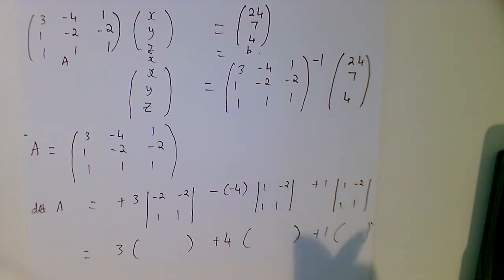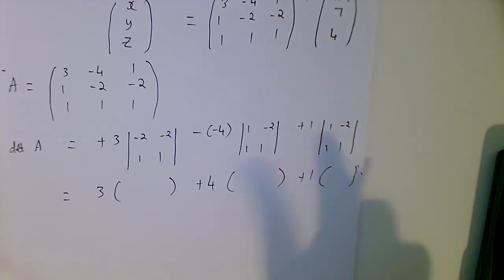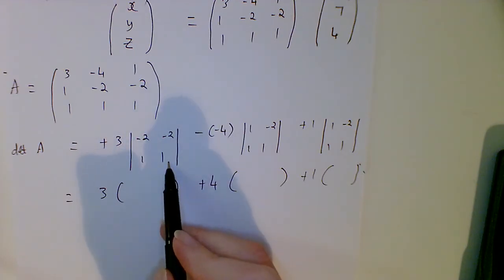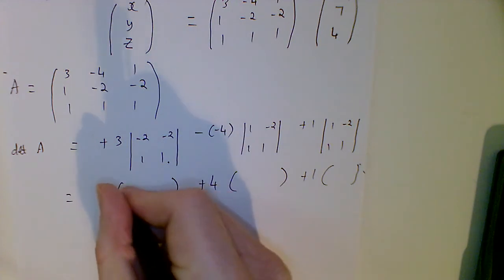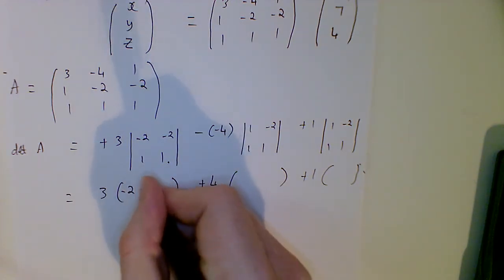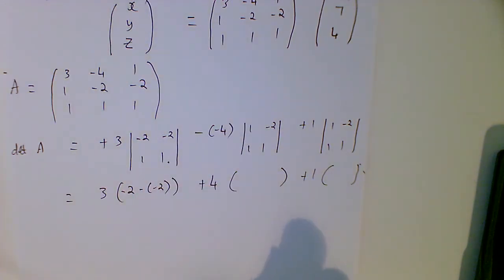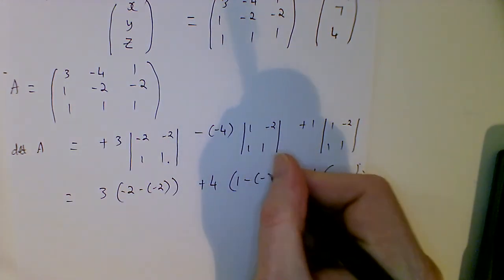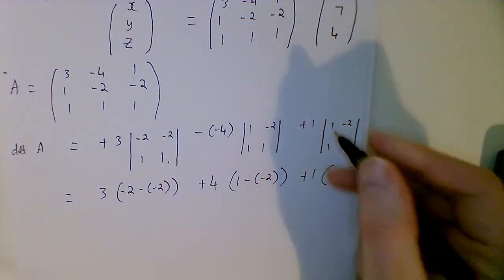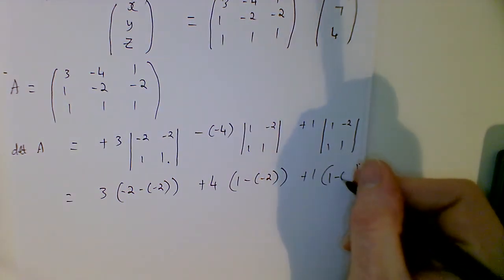Right, so we're just doing our usual AD take away BC. So that's 2, -2, take away -2. That's 1, take away -2. And that's 1, take away -2.